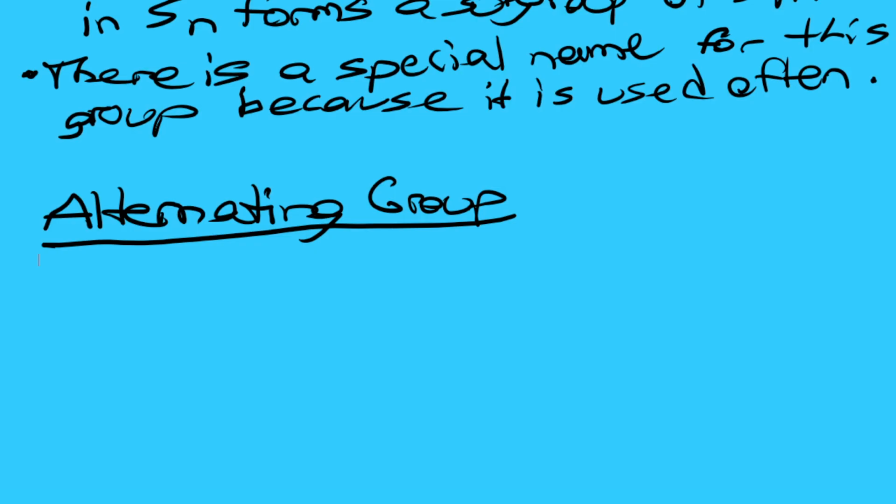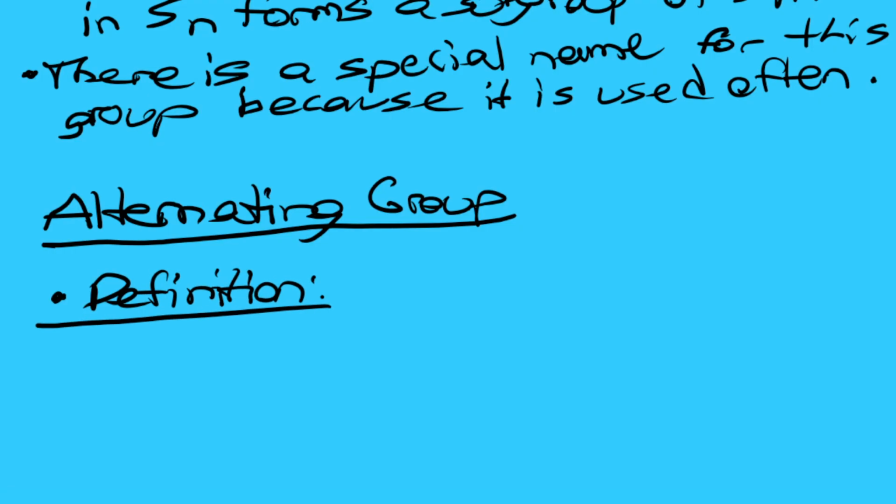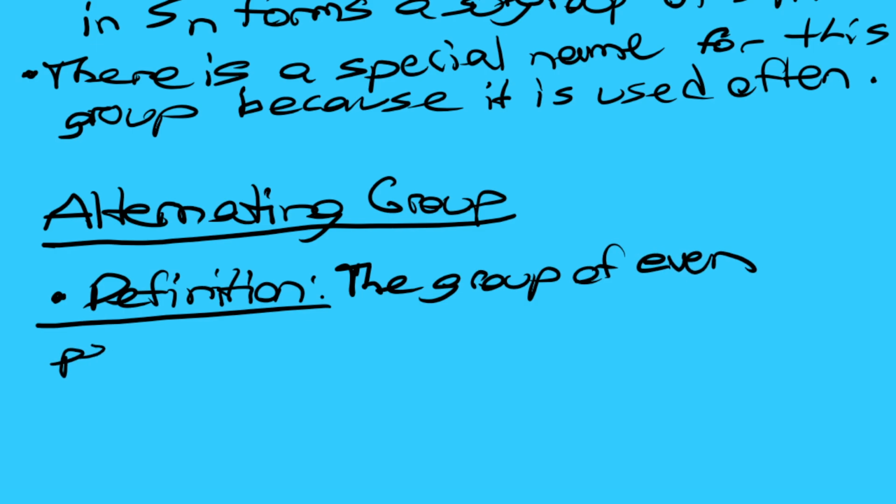So, the definition of an alternating group is the group of even permutations of Sn.